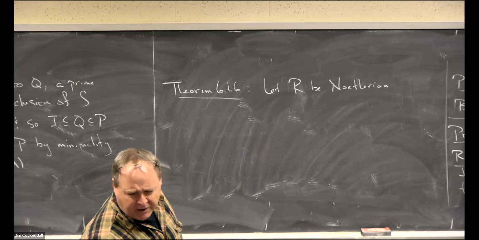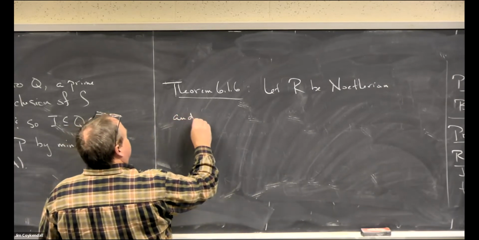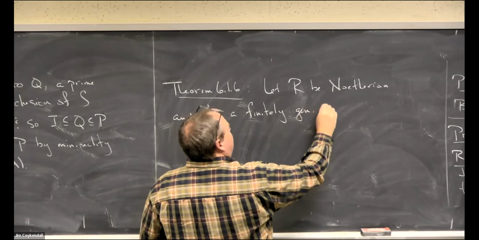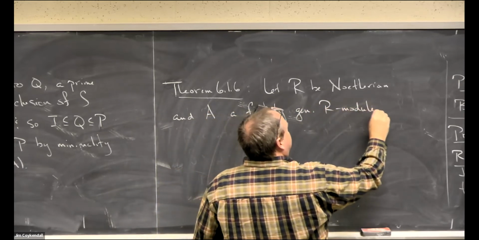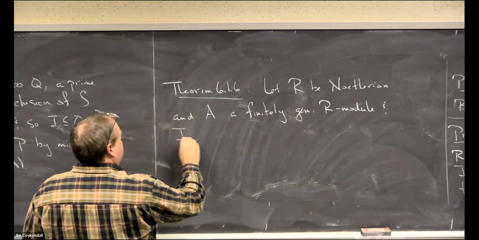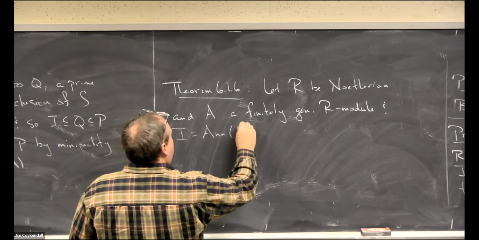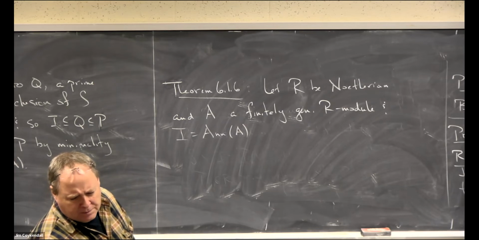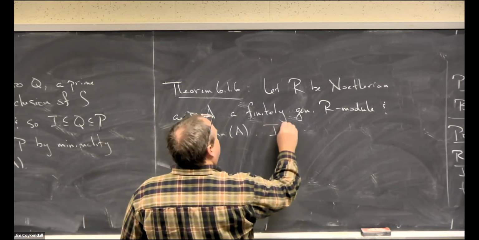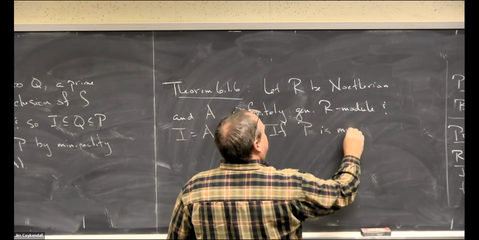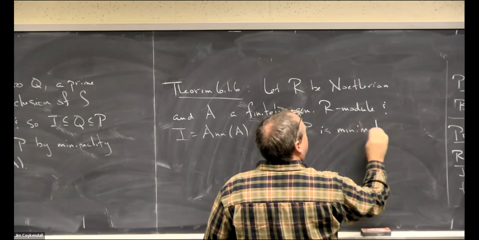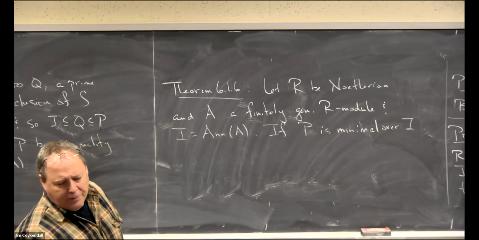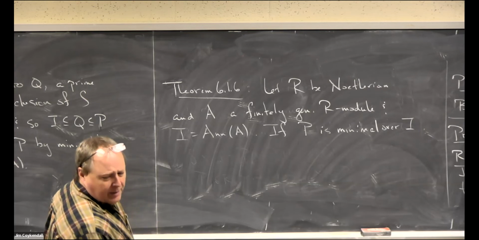Let A be a finitely generated R module, and I the annihilator of A. If P is minimal over I, so P is a prime that contains I and it's minimal with respect to that, then P annihilates a non-zero element of A.